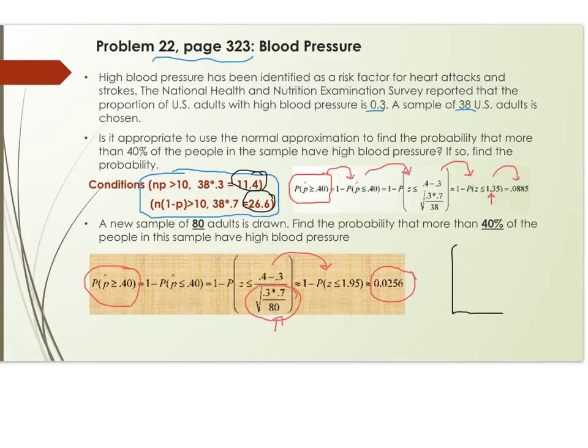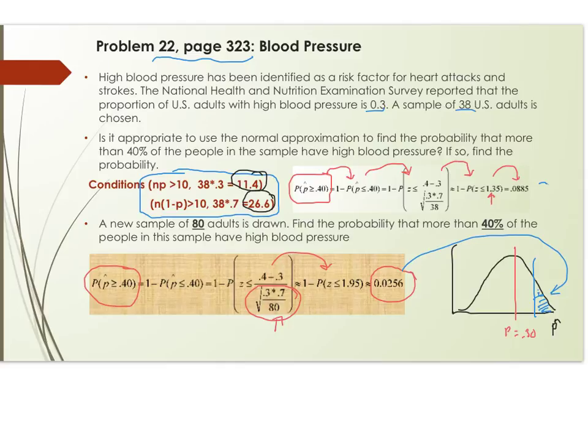So let's look at the interpretation real quickly. If we're looking at our sampling distribution of p hat, and we have mu, or in this case p, equal to 0.30, and we're looking at the value of 0.40 and the area up here, when we did the calculation, that area based on this sample size of 80 is 2.56%.